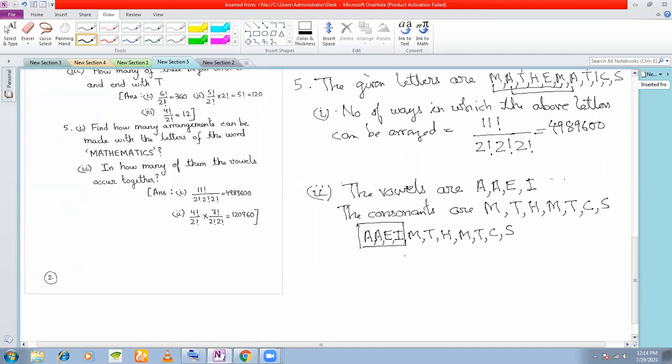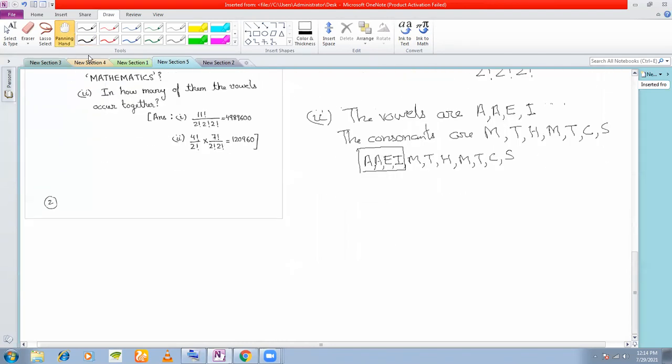So considering the vowels as a single unit, let's say X, as a single letter, how many letters are there?